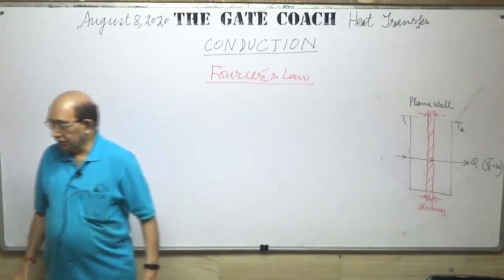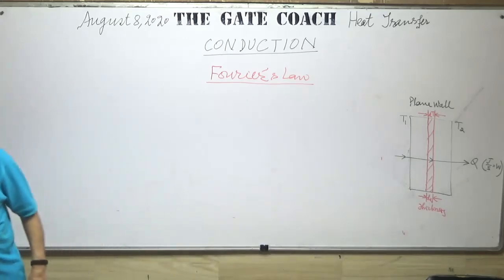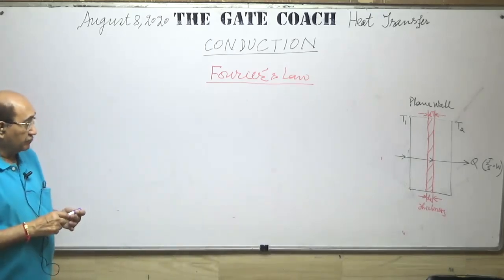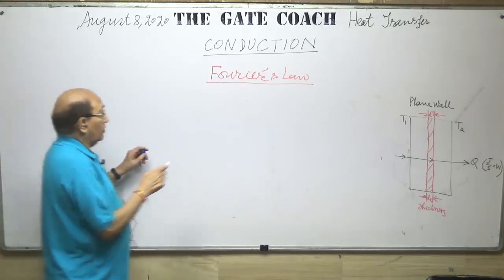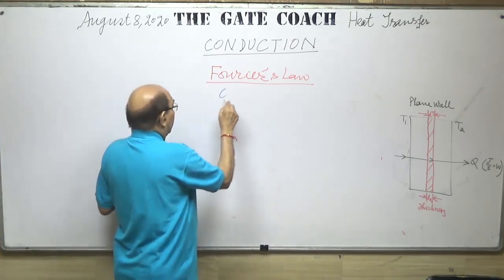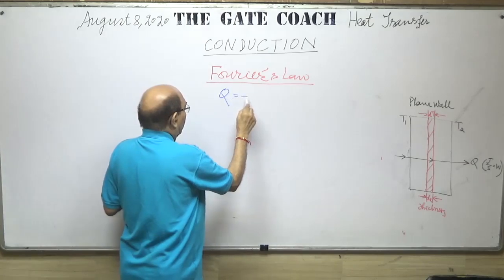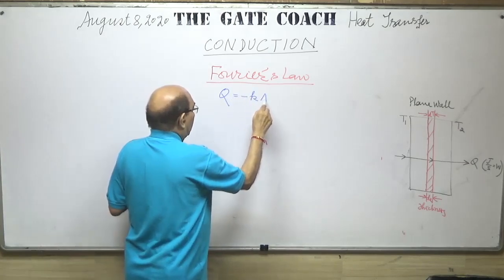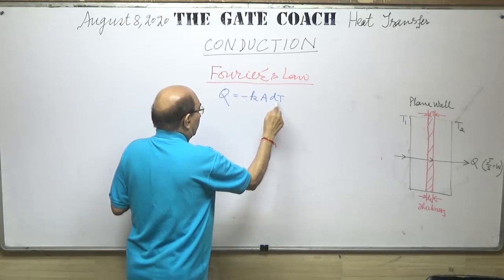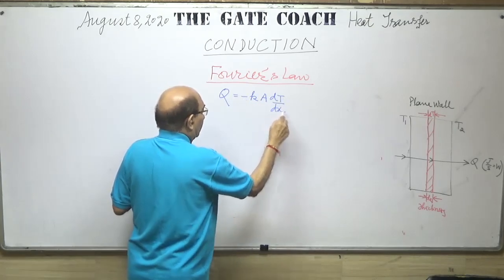Now friends, let us develop the expression for heat transfer. We have seen Q is equal to minus K A dT by dx.